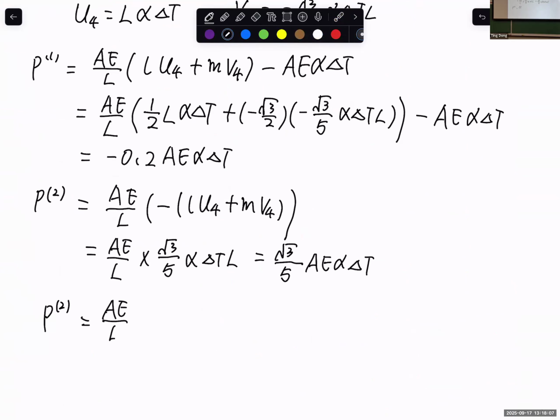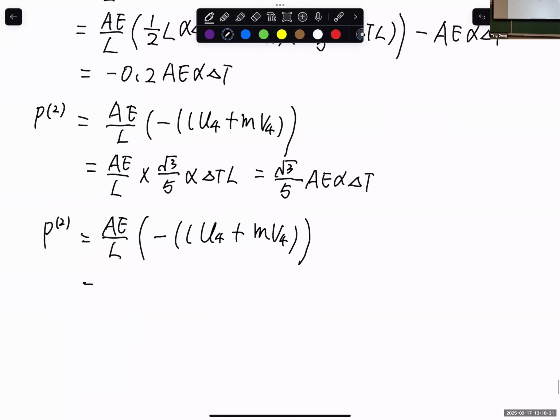AE over L, and again, it's 0 minus LU4 plus MV4. And L and M for the third element is different. The equation is the same as the second element.